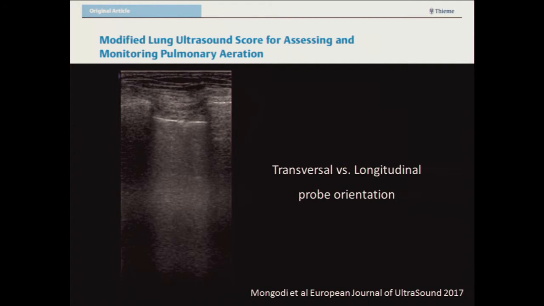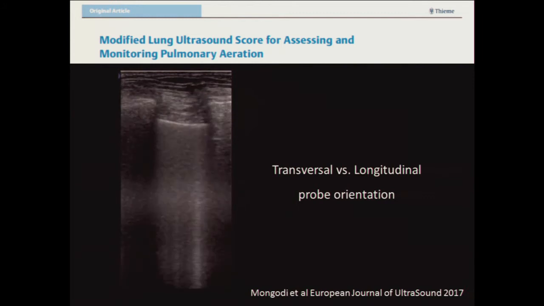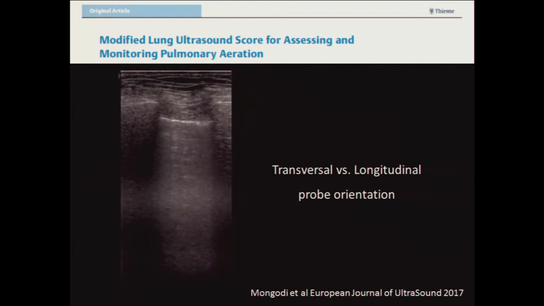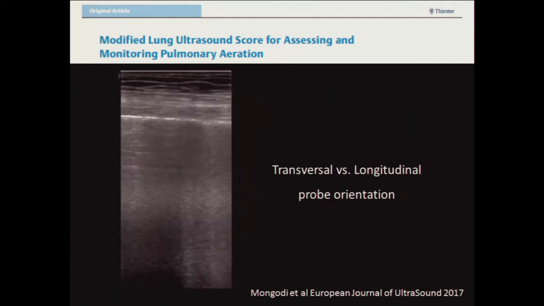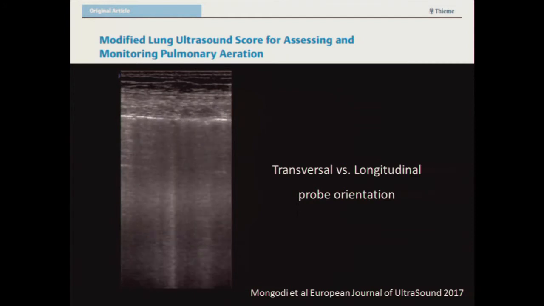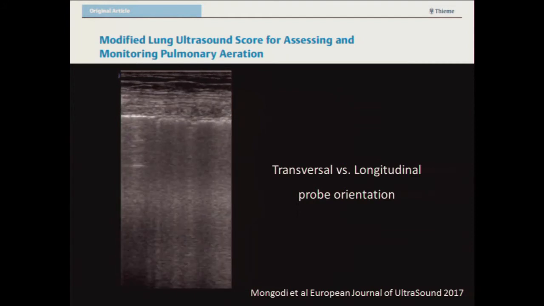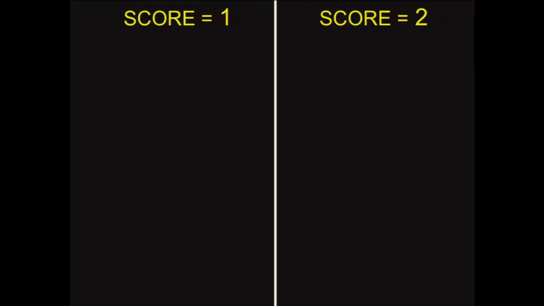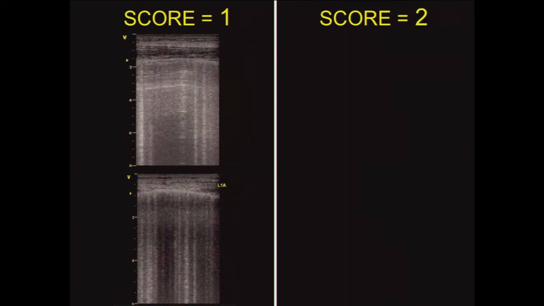Briefly, we suggest to use the transversal and not the longitudinal probe orientation, just to obtain a sort of full screen view of the pleural surface in order to improve our capability to see ultrasound signs, and we redefine the loss of aeration.